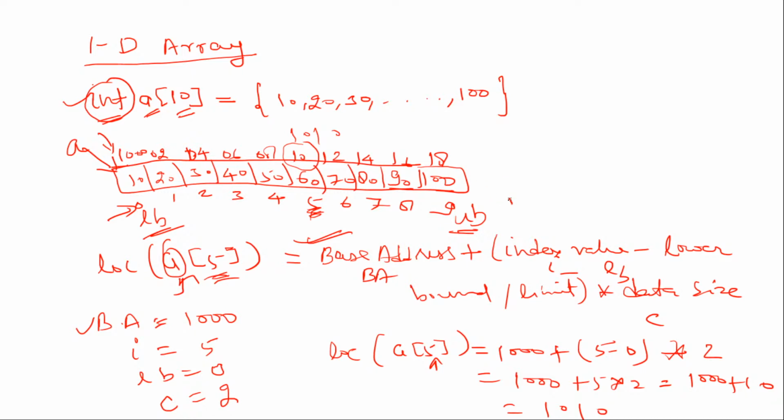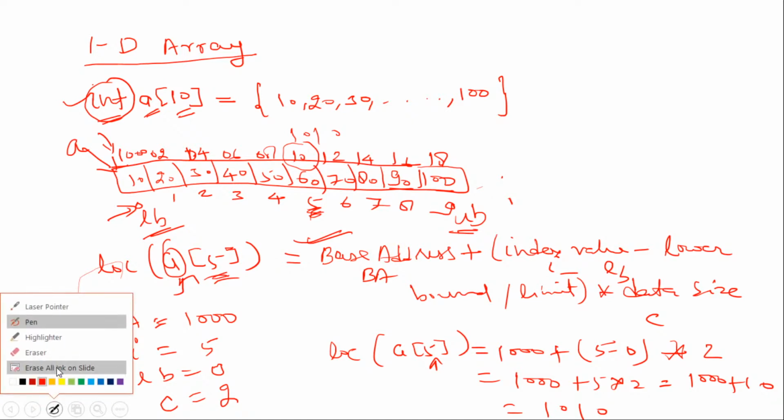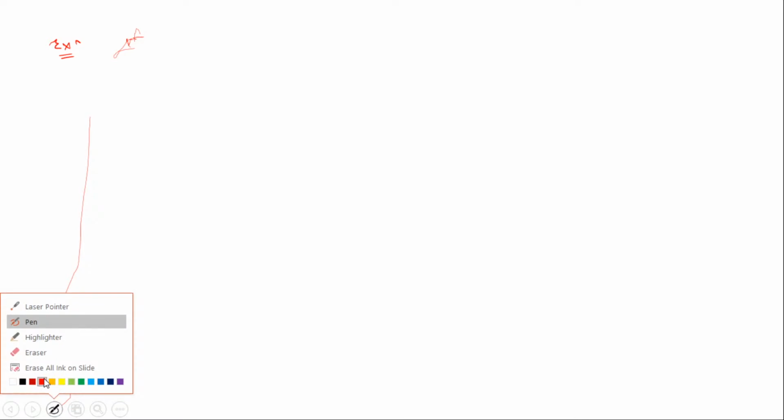Now we will see another example. Now we will take another example. Array A, we take 25 up to 500, right?